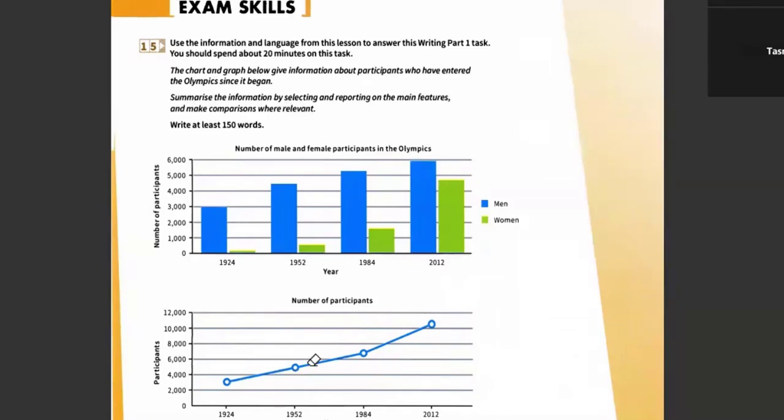Because we have two different diagrams stating similar information, not same but similar, we have to compare at a point. Keep in mind that you should state the information that is given at first, and then compare the two. Before that, you have to give an introduction about the two diagrams. And lastly, you have to summarize the whole scenario that you just saw from these two diagrams.